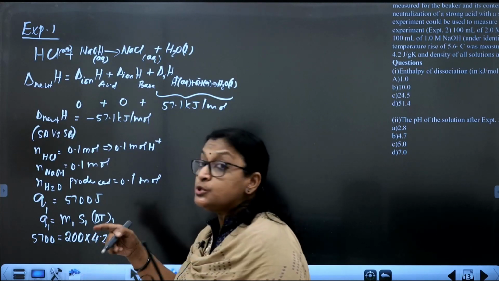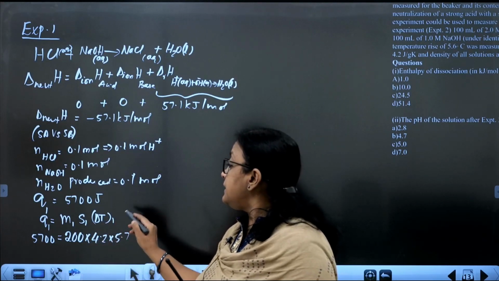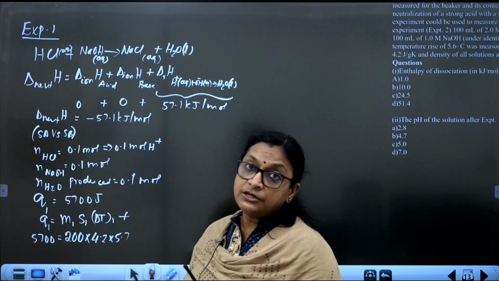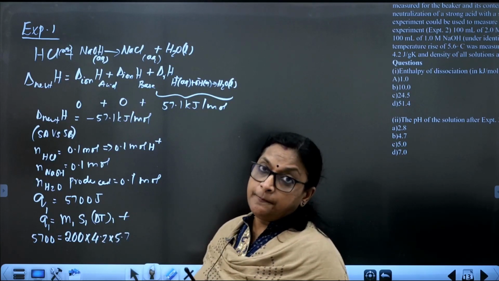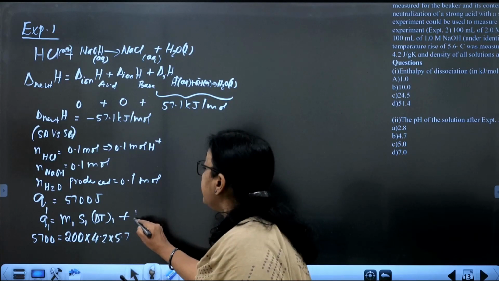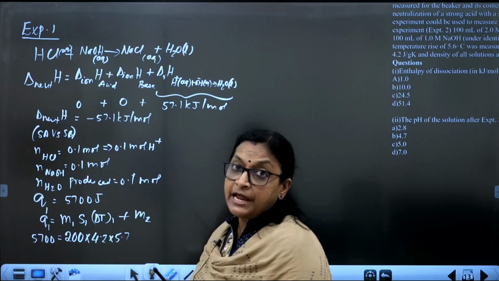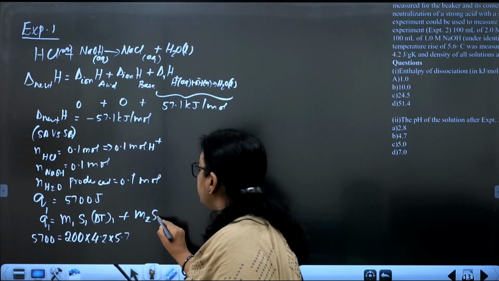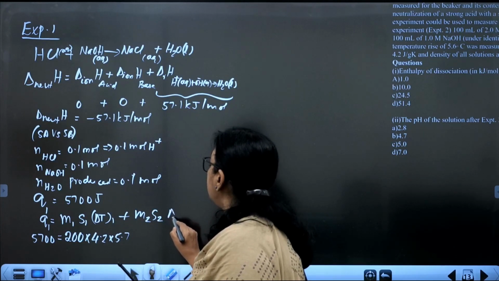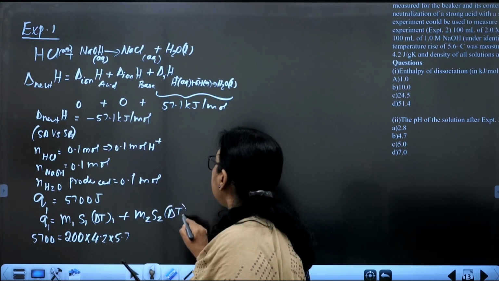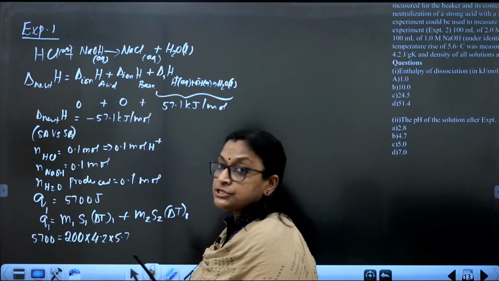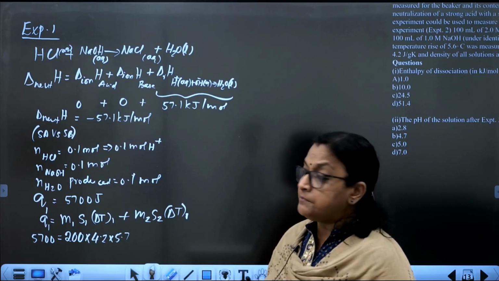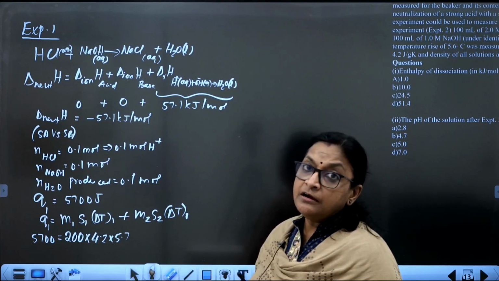This is only for the solution. But this heat is also utilized to heat up the calorimeter material. So we need to put the calorimeter constant, m2 s2, into delta T, which is going to be the same because they are in contact and in temperature equilibrium. Rise in temperature is going to be the same throughout, delta T1 itself.